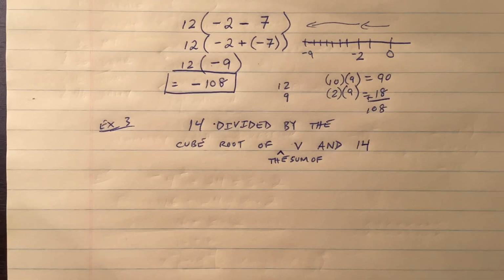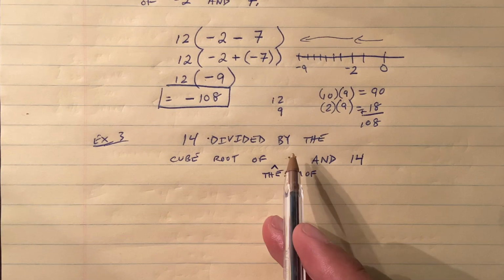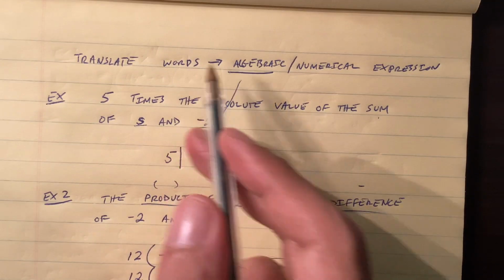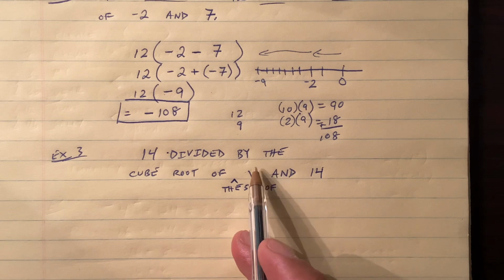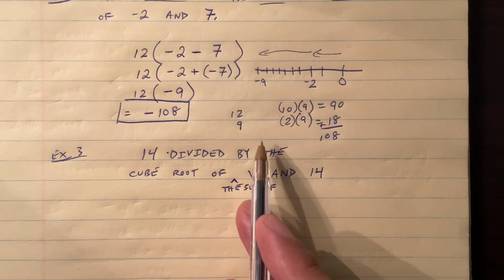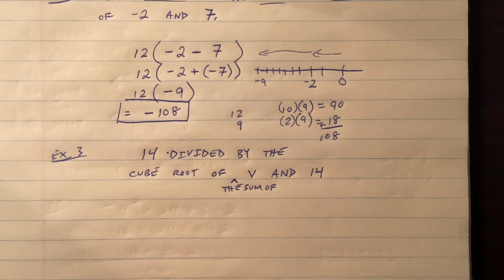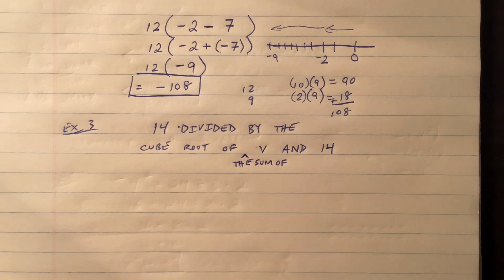All right, now right away you see, is this going to be algebraic or numerical? This v tells us right away it's going to be algebraic. It's a variable. Not every single term will be a number, so we don't need to simplify anything. We just need to translate this.